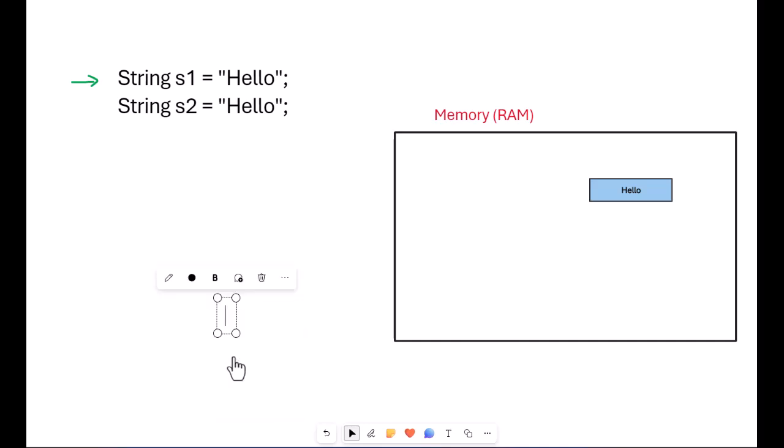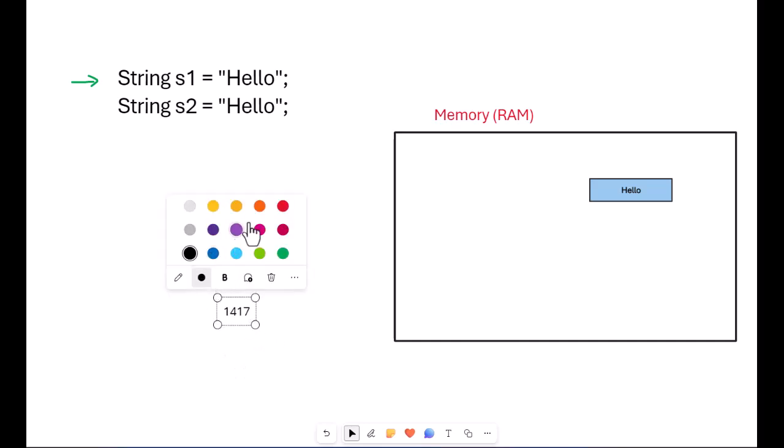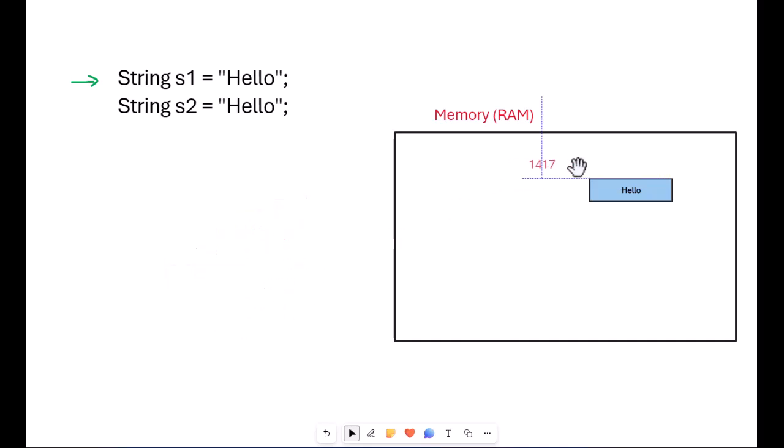I will assume that this is at index 1417. You see, this is just any number that I just created. I am assuming this is where it will be stored. This is an empty memory location, so hello would be stored at a random memory location.